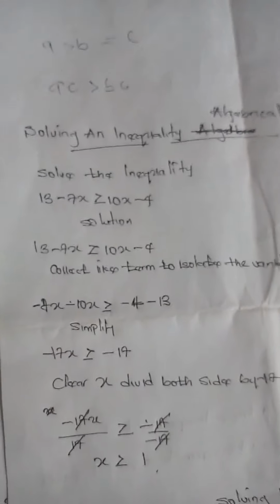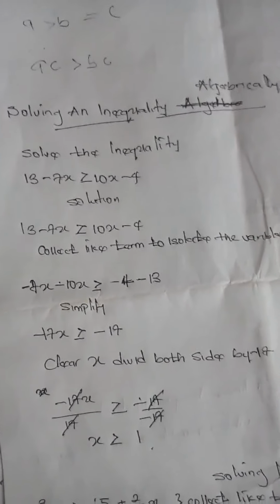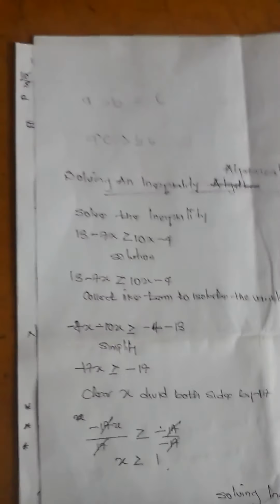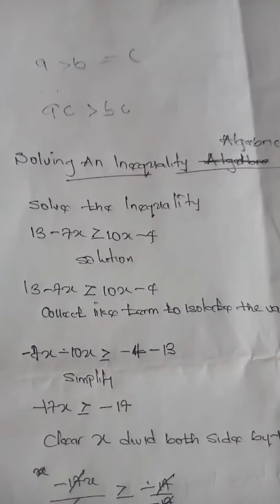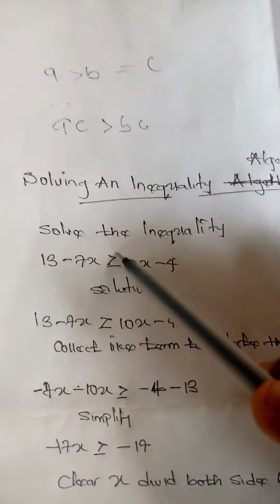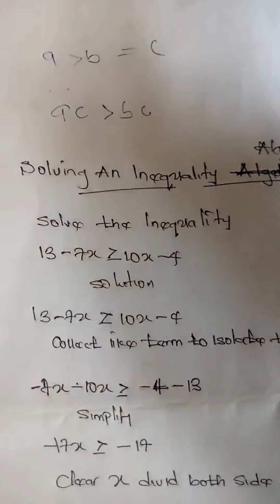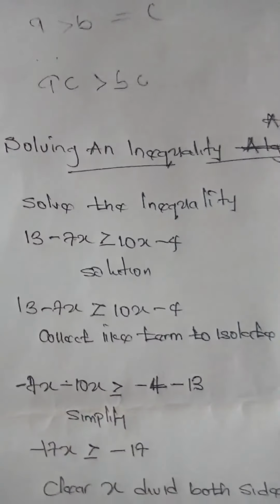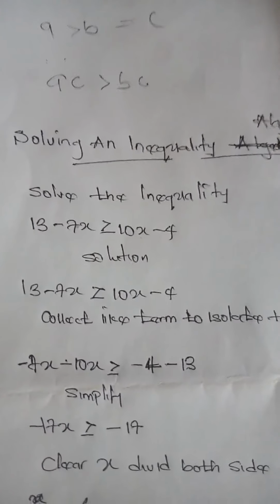That's what I was doing here. So now, you have to learn how to solve an inequality algebraically. It looks like a first degree equation, but there's no equal sign, so this one is like a first degree expression.